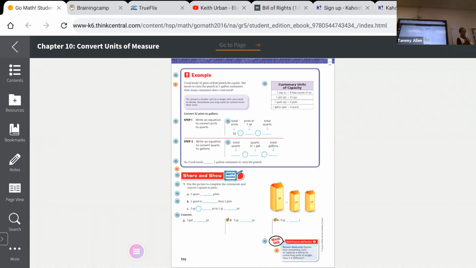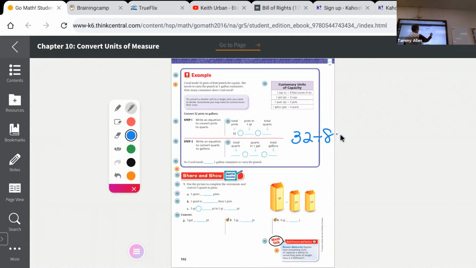Eight. We don't need to jump through a bunch of hoops to get there, right? We can take our 32 pints and divide by 8, and we would have 4 gallons, right?